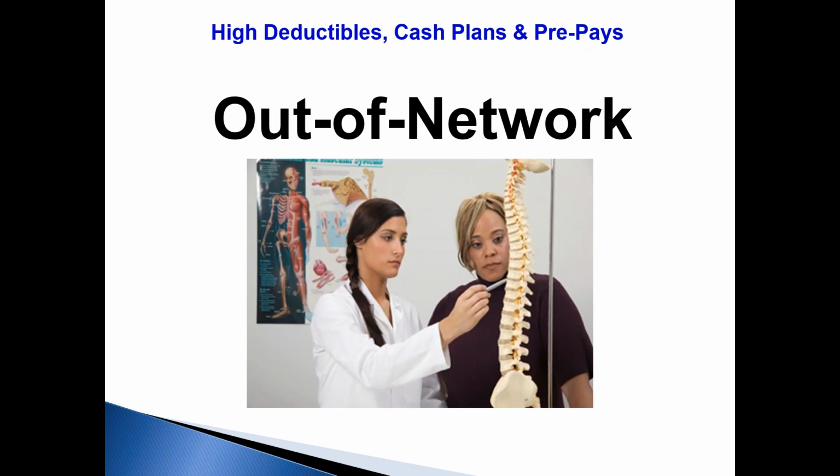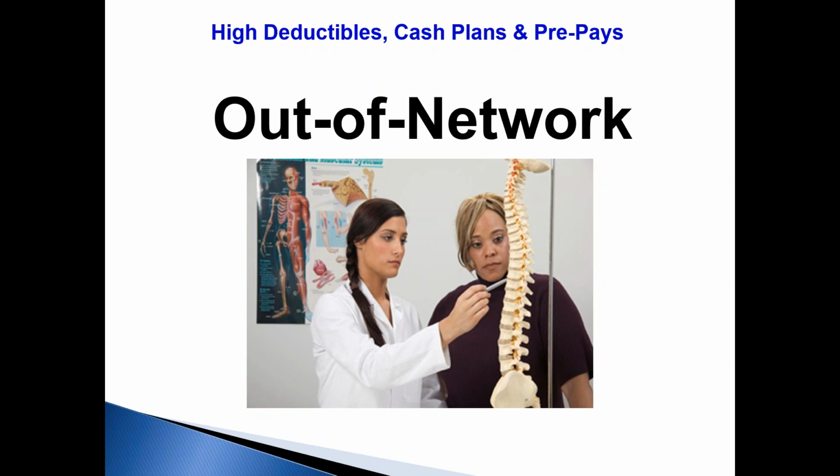Now let's talk a little bit about out-of-network. When you're out of network, you want to have the patient sign a form that they understand you're out of network and the patient is responsible for all the services that are not covered by insurance. You're not going to be billing for those services. So with out of network, again, same 30-visit care plan, you don't have to accept assignment.